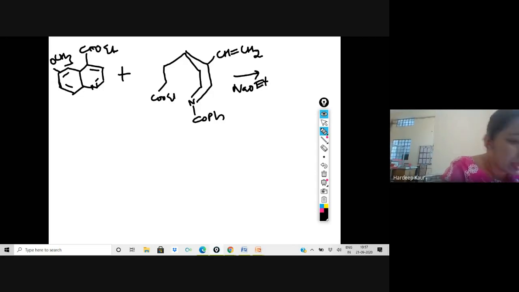So what will happen, this sodium ethoxide will generate an anion over here, will take an acidic proton from here. So this anion then attacks on this ester group to form this thing.